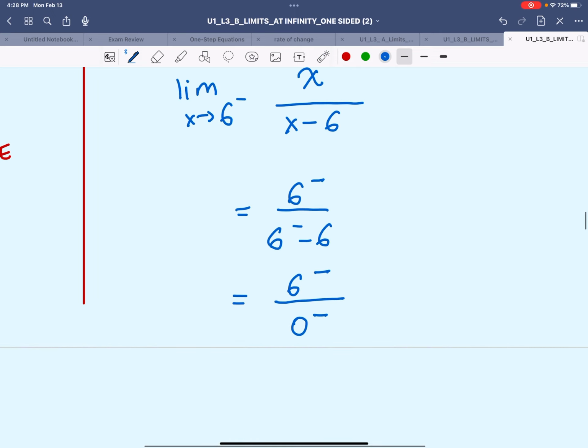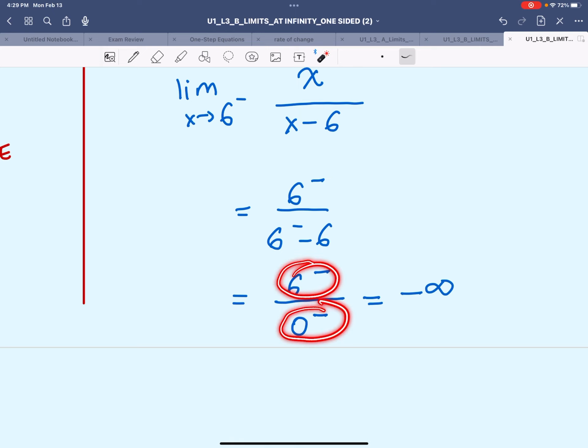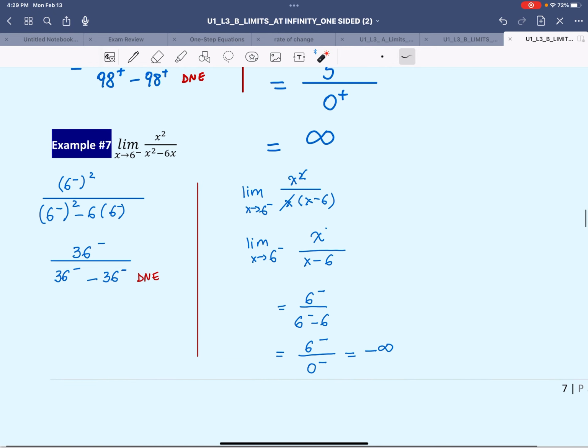Now remember that 6 minus is one positive number, like 5.999. 0 minus is a very small, close to 0 negative number. So we have a positive over a negative, which will make a negative. And a fixed positive number divided by 0 minus will give negative infinity, and that would be the limit of this function.